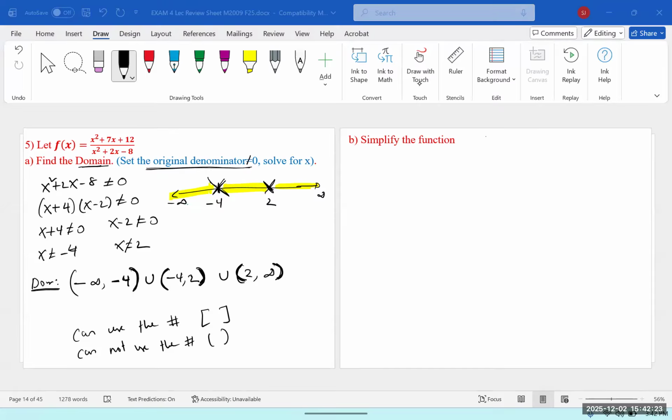So once you know your domain, then for everything else, you need to modify your function. So simplify.